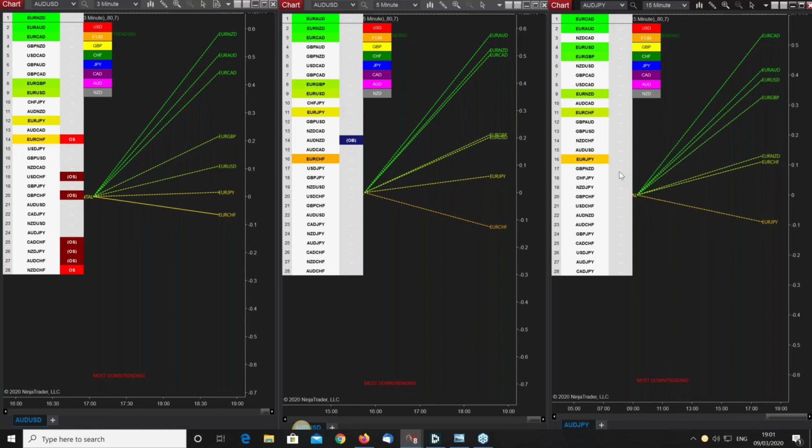On a day like today, you're going to see heavy flows into safe haven currencies like the yen and the Swiss franc, so they are slightly out of kilter with everything else. But generally speaking, if you're trading the euro right now, Euro Aussie, Euro New Zealand, Euro CAD, they are moving in the same direction. So everyone is pretty much buying euro universally on these faster time frames. That's not to say they're doing it on the day, but that's certainly on an intraday basis. That's what's going on right now.